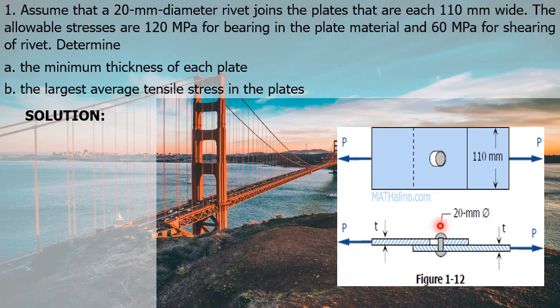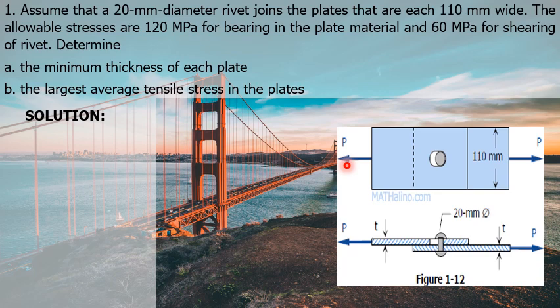In letter A, we are asked the thickness of each plate. We can get that from the formula for bearing stress, which is equal to PB over TD. Do we have PB? PB in this problem is also the tensile load P. But do we have that given in the problem?